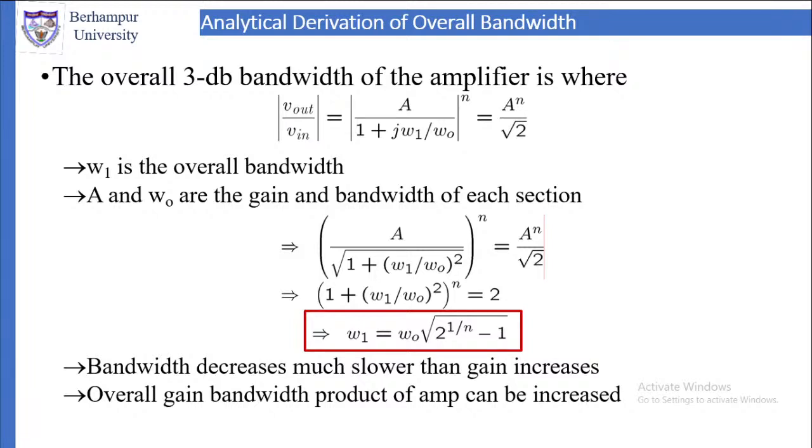Let us do the derivation of the overall bandwidth. Overall 3 dB bandwidth of the amplifier is where V out by V in is equal to A divided by 1 plus j omega 1 by omega 0.